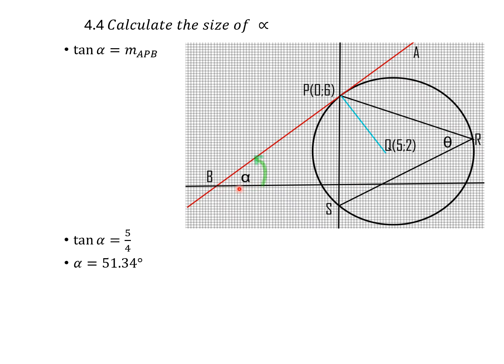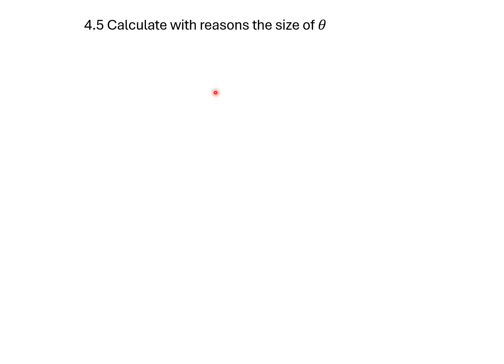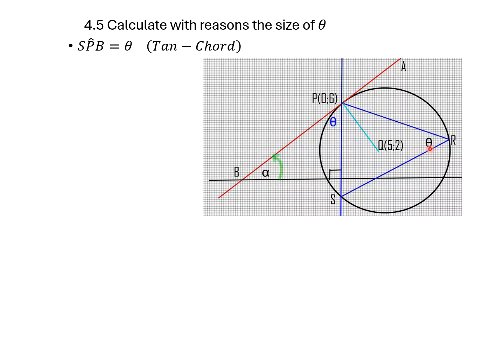And I assume you can see here, if we just do this part, that's a 90-degree angle there. So technically you can find that angle there. Alright. So calculate with reasons the size of theta. So take note, theta there. There in blue, I have my triangle. It's making contact with the circumference of the circle. You see S is on the circle, R and P, right?